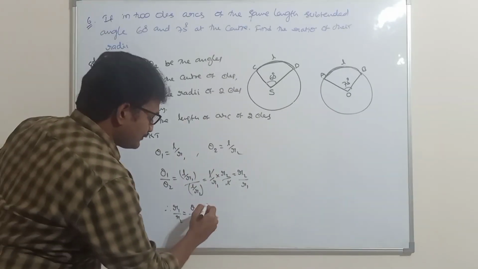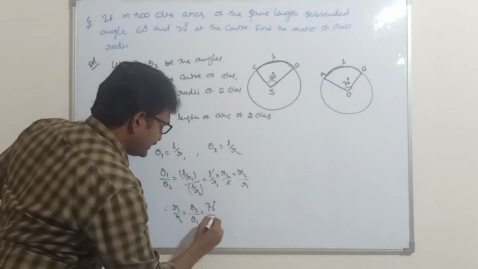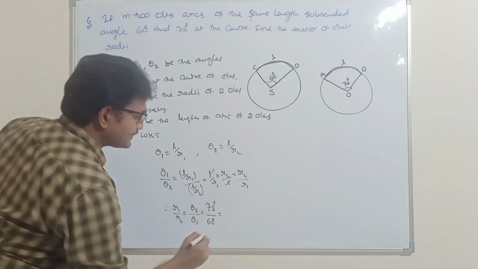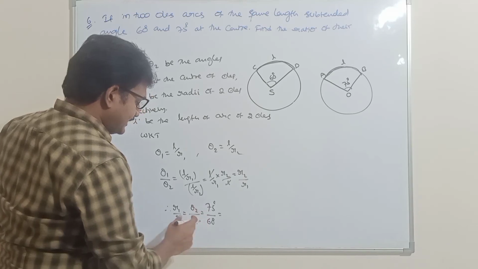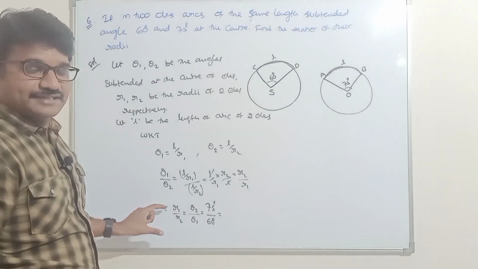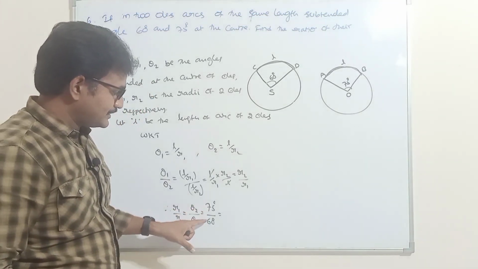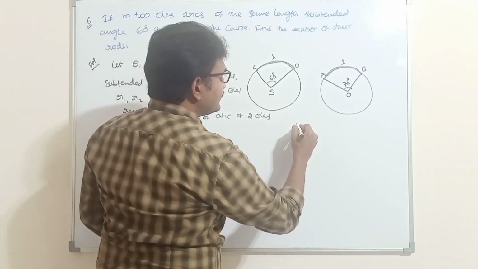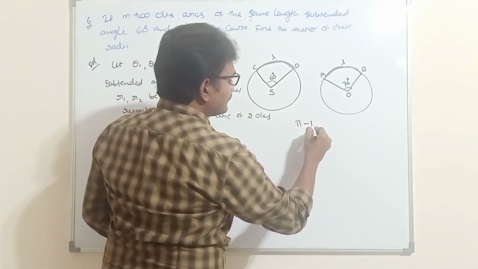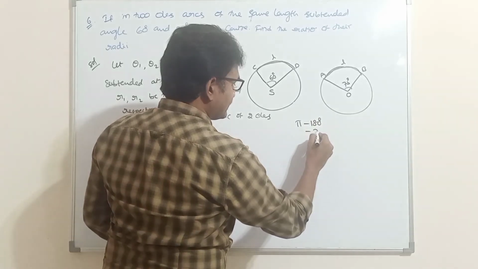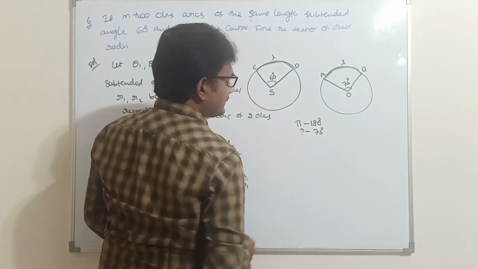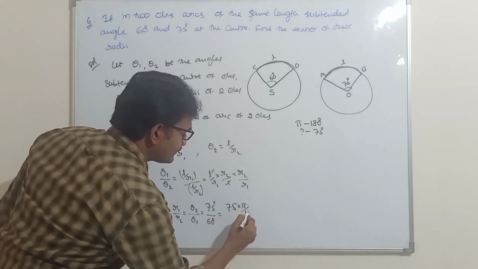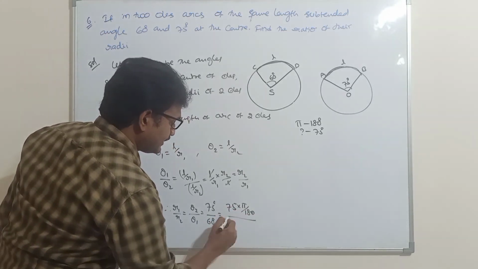What is the theta 2 value? 75 degrees, and theta 1 is 60 degrees. Here they are in degrees, but we want radians. Radians means a number, so we need to convert degrees into radians. Pi radians is equal to 180 degrees. Then 75 degrees is equal to 75 into pi by 180 radians.